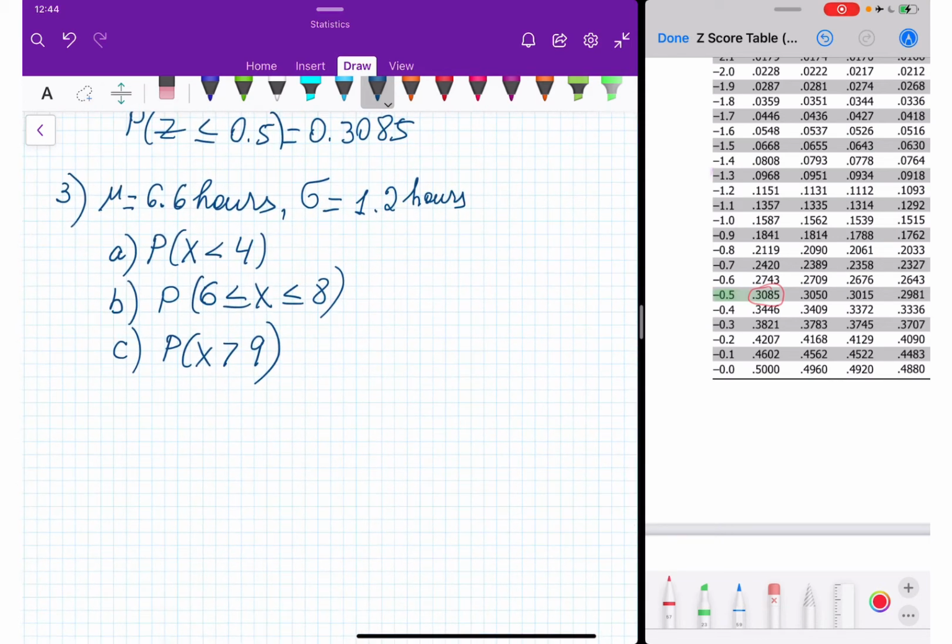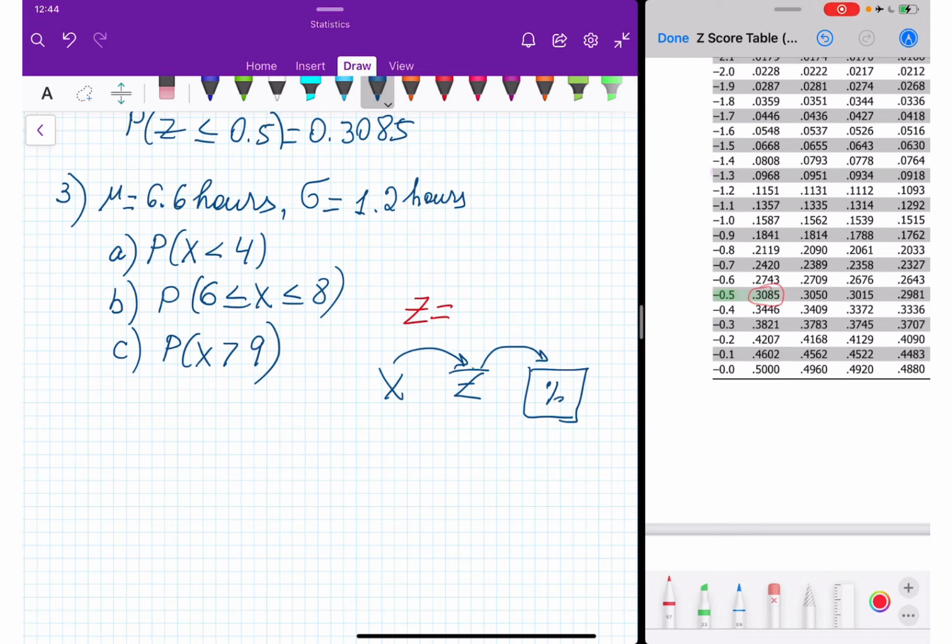Okay, let's start working. To remind you, we need to get the z-score from x, right? From our x, we need to convert to z-score. Why? Because only z-score has access to probability, percentage.